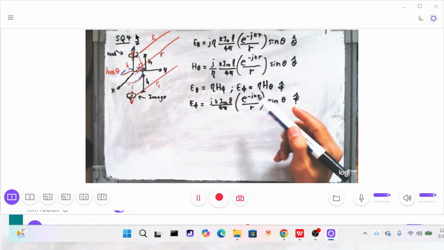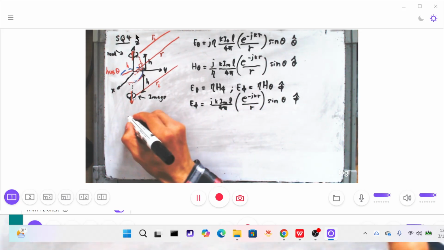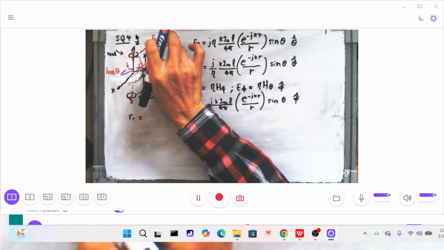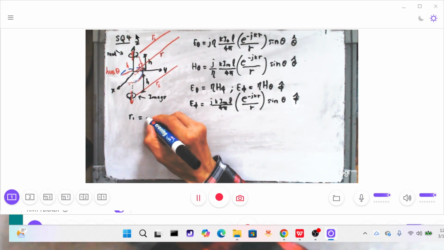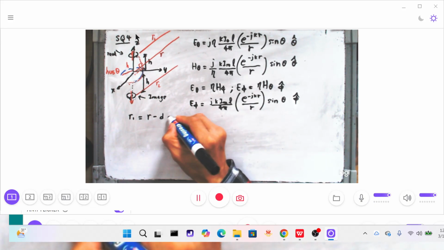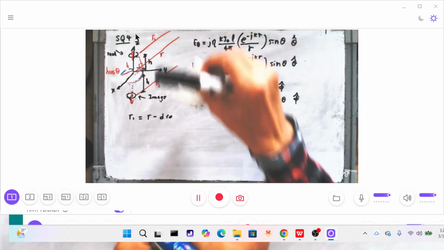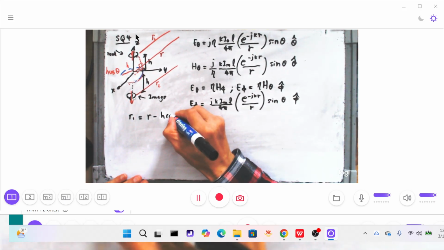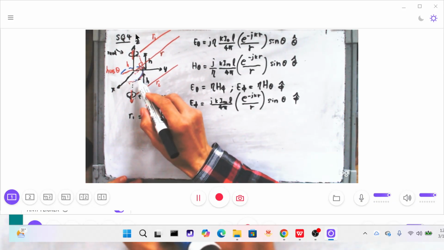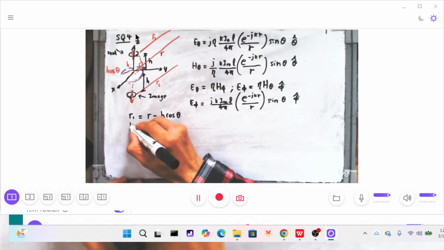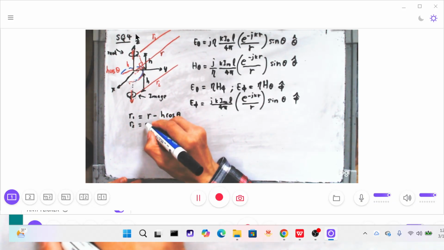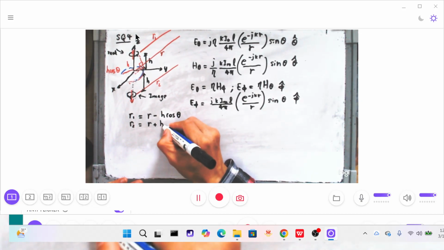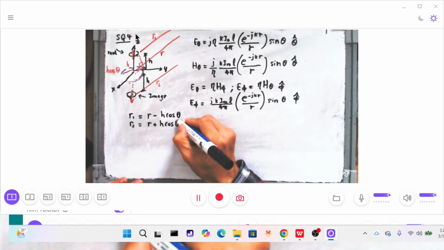I will just write it down like this. So now what we have here is R1 is equal to R minus the phase shift, h cosine theta. And the bottom one is R2, it is R plus h cosine theta.